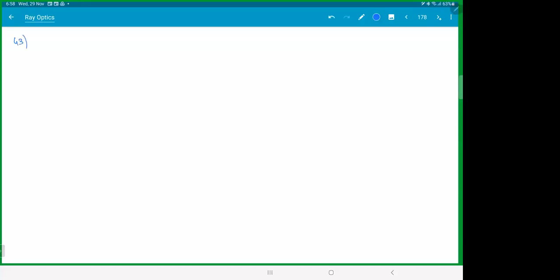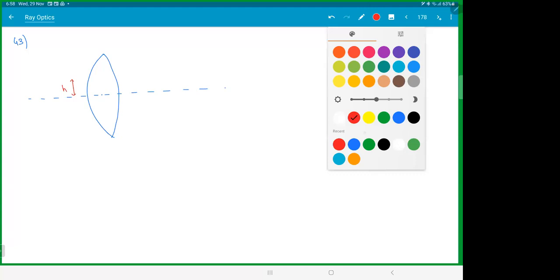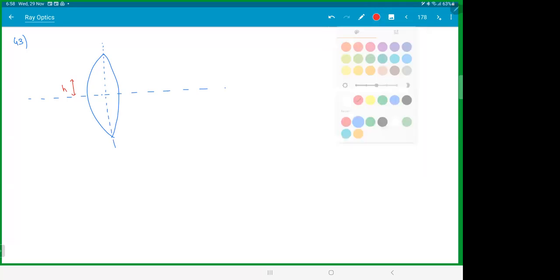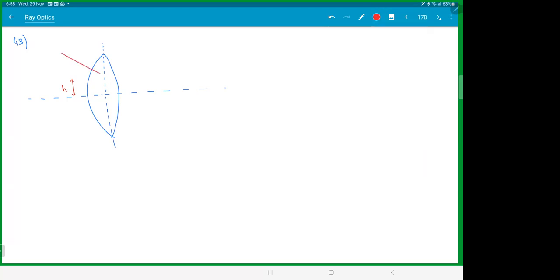Let's say we have a light ray. At a height h here, you send a light ray like this at an angle theta.